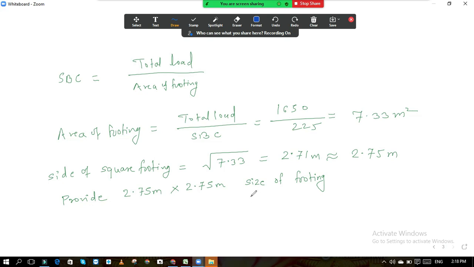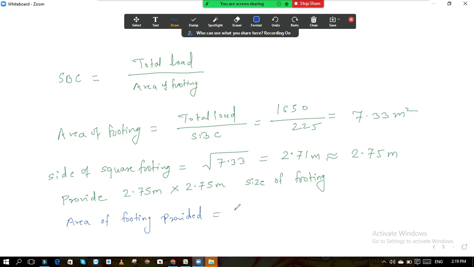Okay, so what is the size of column? Size of column is 0.5 meter by 0.5 meter. And the size of footing is 2.75 meter by 2.75 meter. So what is the area of footing provided? Required area was 7.33.